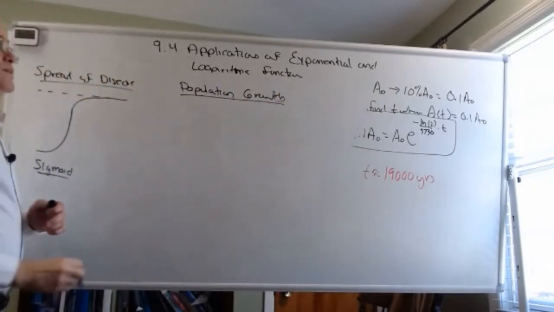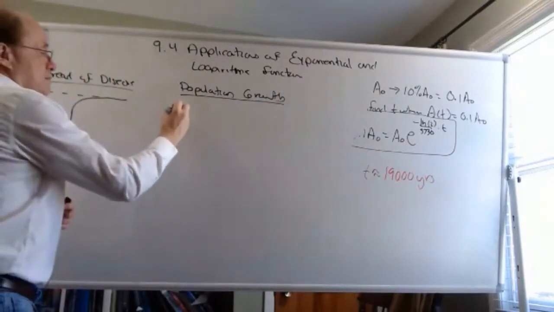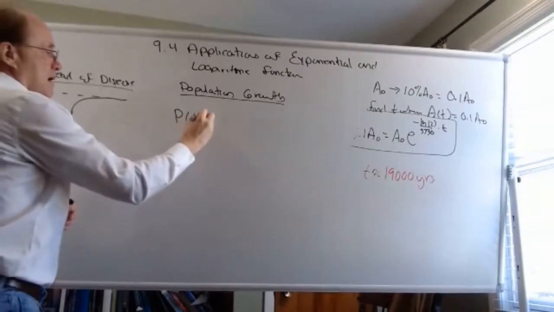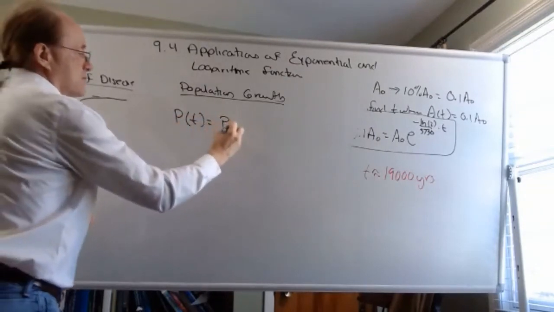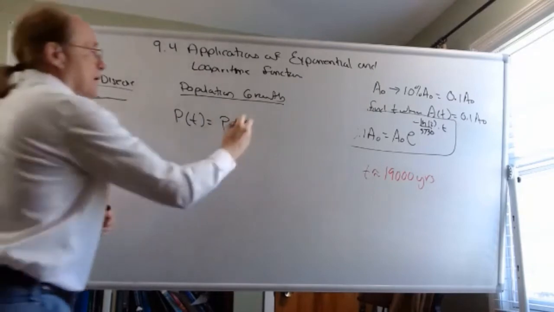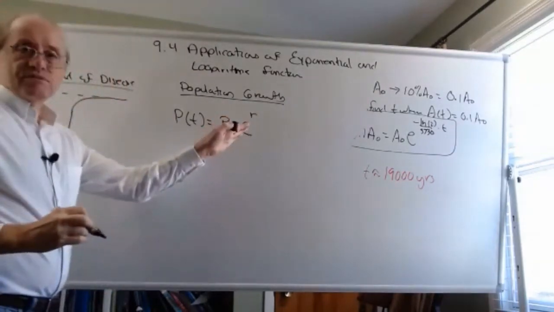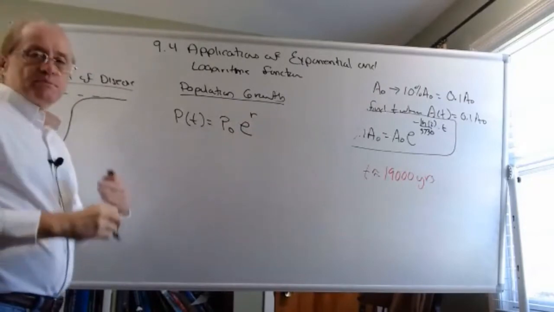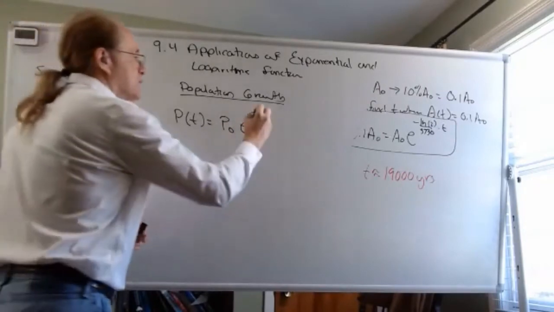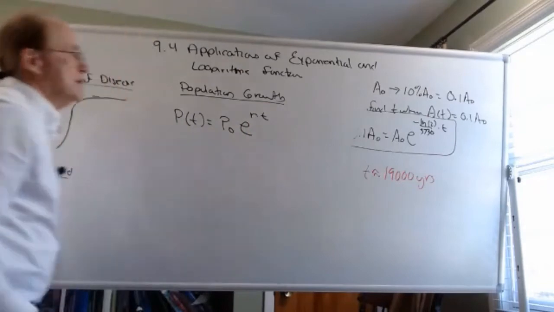Now, the governing equation, or the governing model, is the population as a function of time is equal to some initial population times the natural exponential e to the r, which is the percent rate of growth written as a decimal, times time.